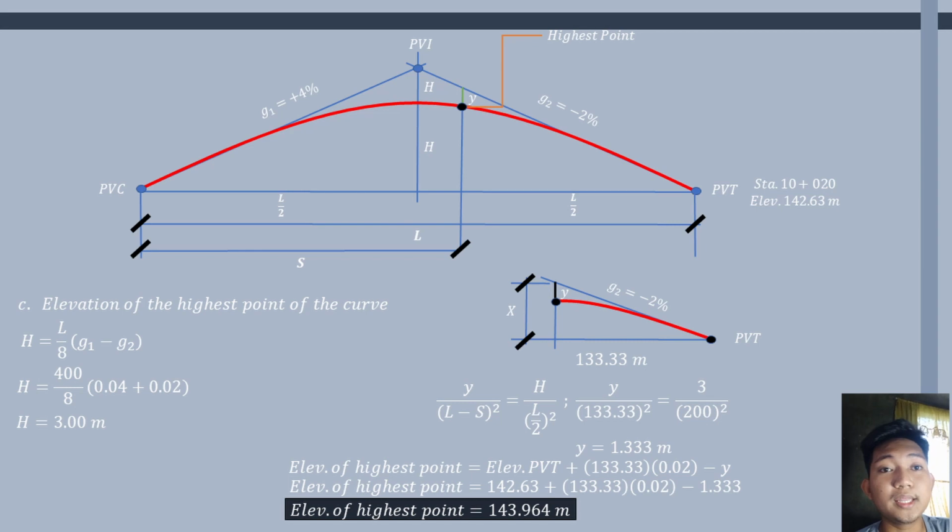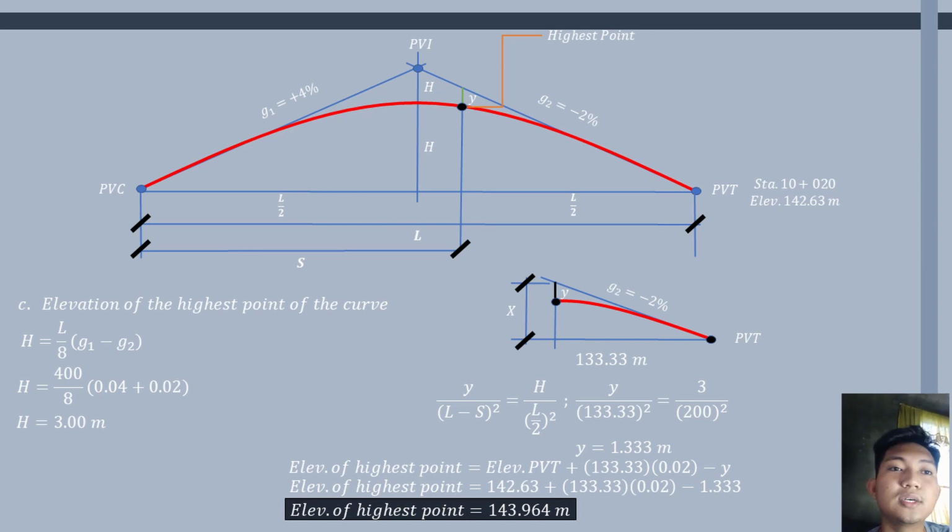So atong zoom in diri para makita nato jud ang elevation of highest point. So naa tay value na 133.33 meters or the base which is gikuha na pamagi sa L minus S or the length of the curve minus atong S. So 400 minus 266.667 is equal to 133.33 meters. So naa tay G sub 2 na negative 2%.